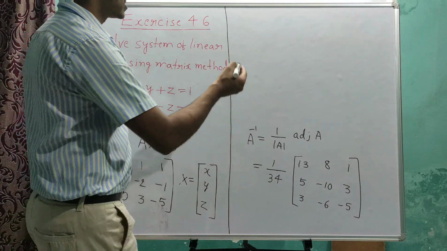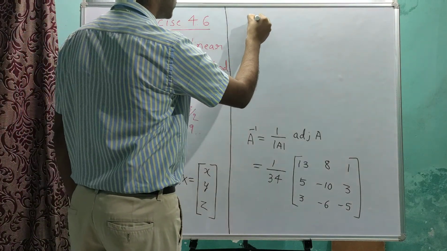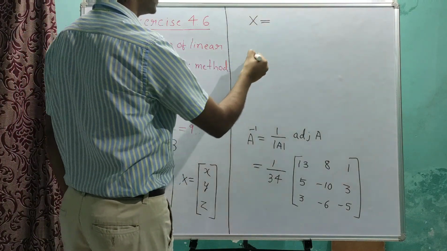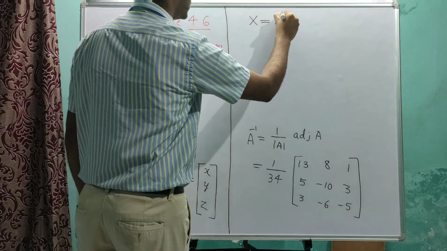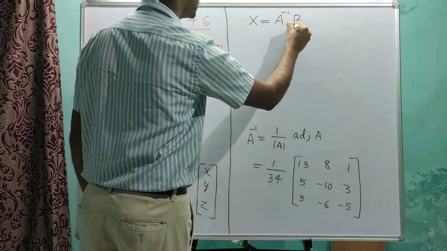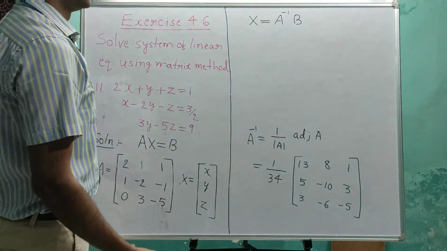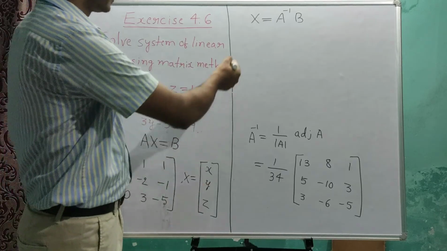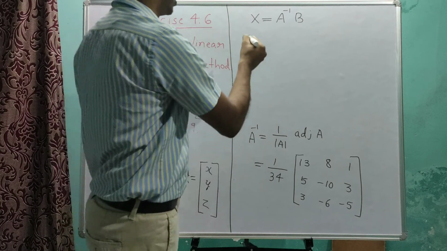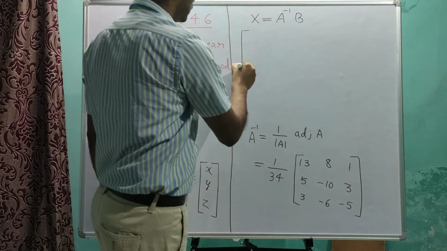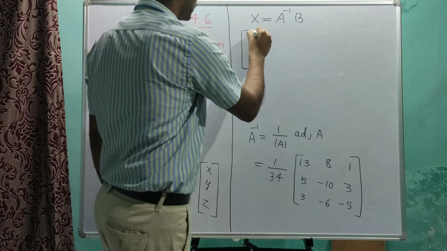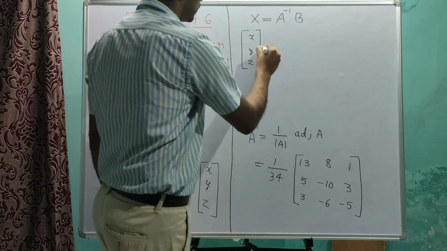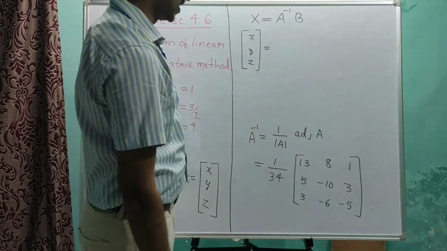Now we know that the solution of the system of linear equations is given by X is equal to A inverse into B. Here X is the column matrix, that is x, y, z, equal to A inverse.